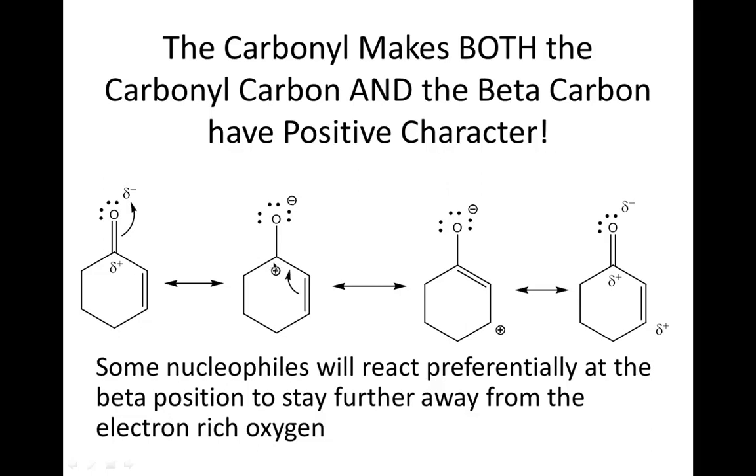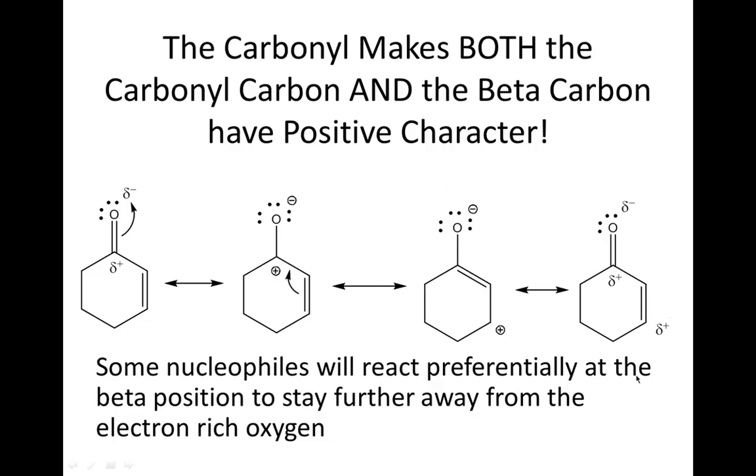So we can draw a further resonance structure for that, where we share the positive charge down here at this other carbon. If you draw a summary of what's going on here, both the carbonyl carbon and the beta carbon have positive character because of the positive charge being shared at these two positions in this resonance structure in the middle.